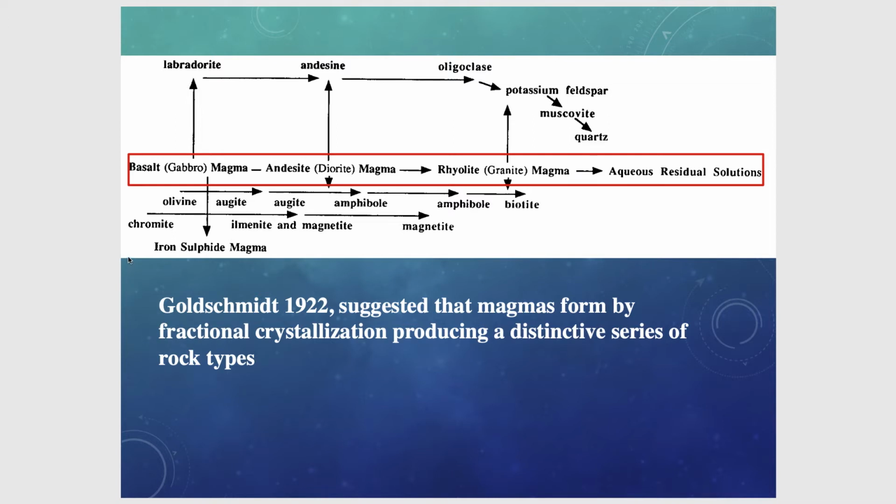Usually rocks have a specific mineralogy associated with them, and so you will need to recognize the minerals that are in the rock to understand what rock you're dealing with.